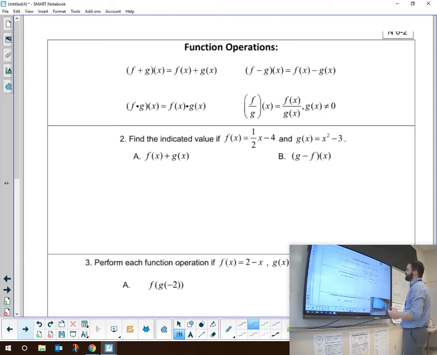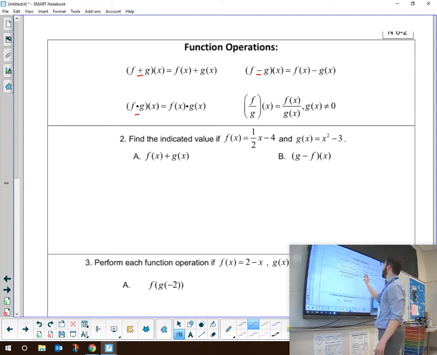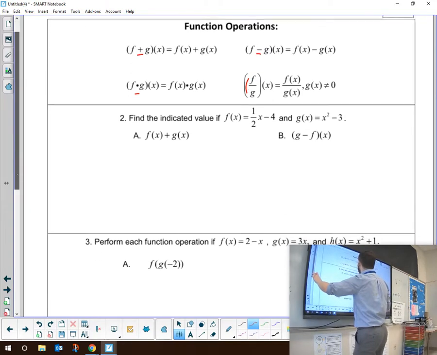And let's talk about our function operations. So, we can add, we can subtract, we can multiply, and we can divide. Okay? Now, all that is saying is we just rewrite it like this, and we find f of one thing and f of the other. So, for instance, letter A, it says f of x plus g of x.